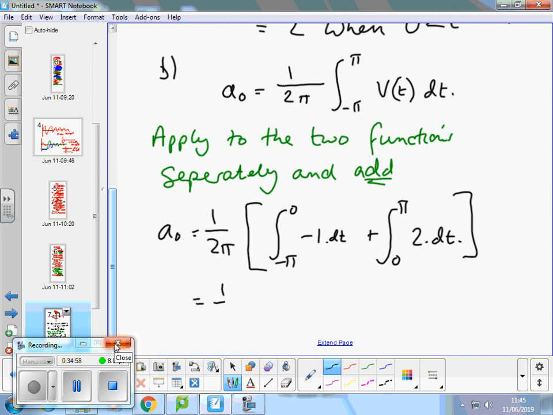That equals 1 over 2 pi, big set of brackets. When we integrate this, what do we get? Integrate minus 1. Need your table of integrals really, which will be in the exam.